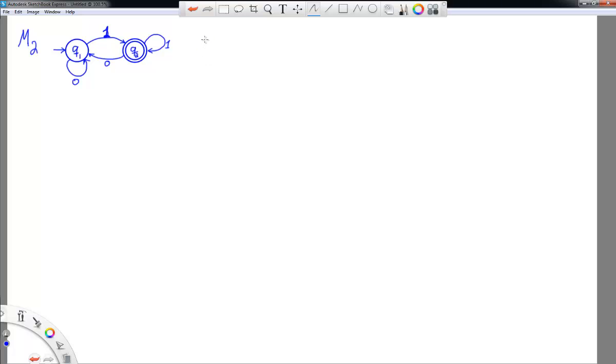Again, remember, a finite automaton, or in our case, the deterministic finite automaton, is a 5-tuple.